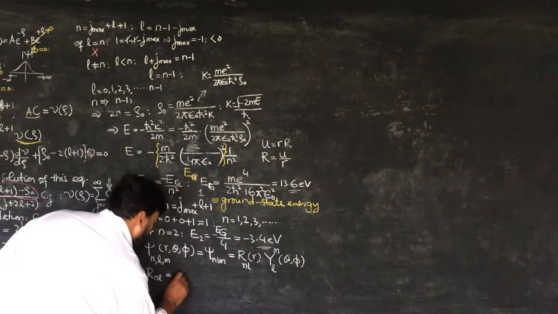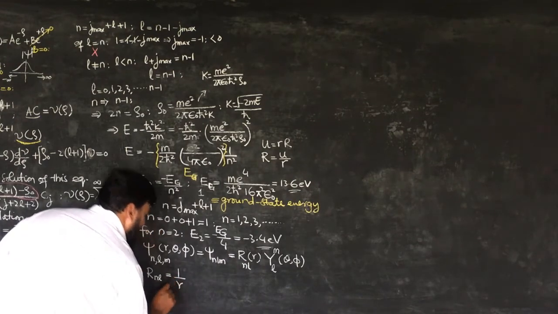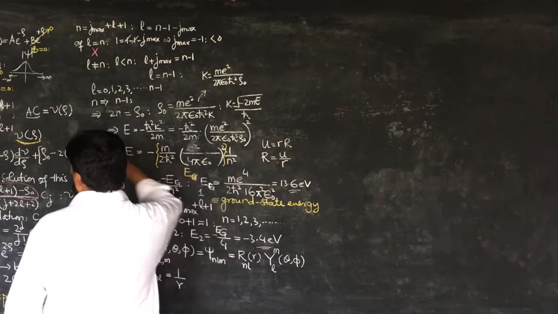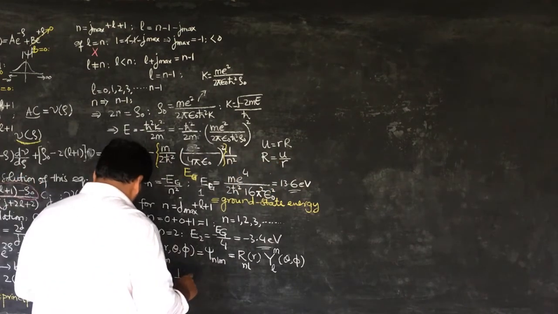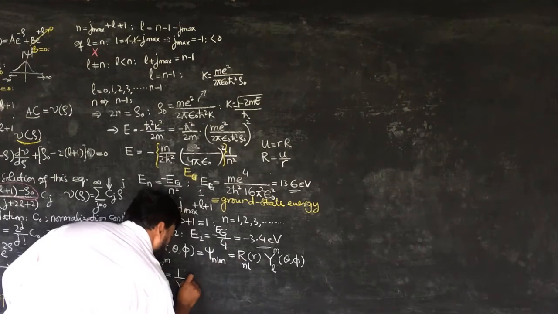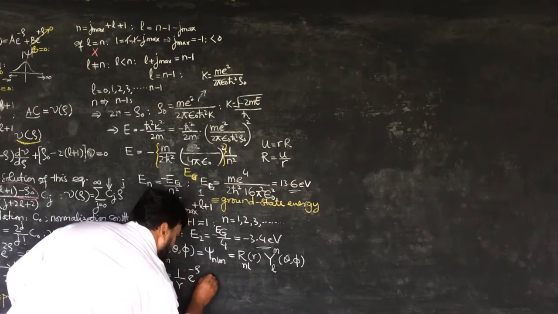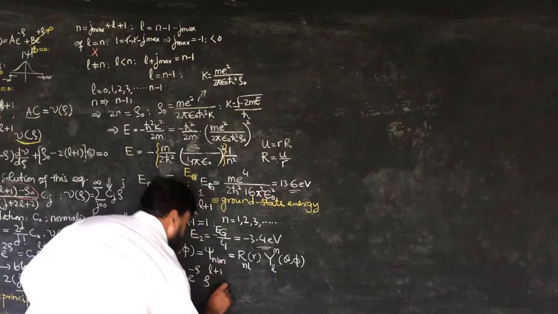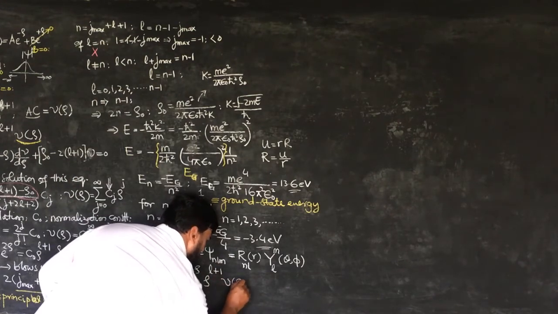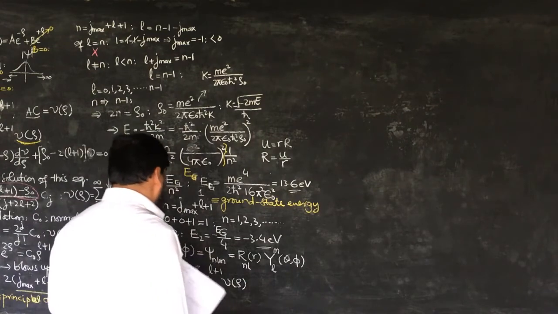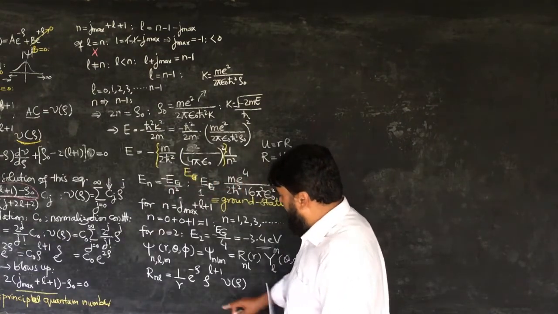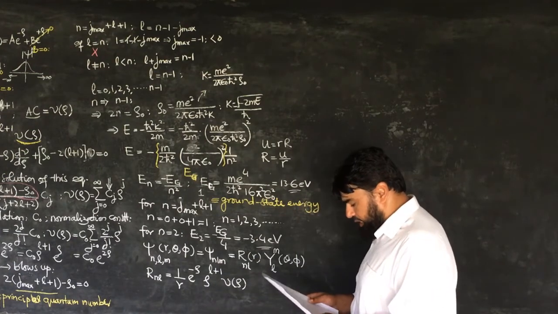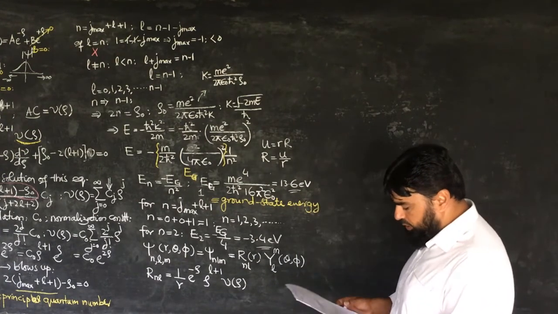So I will put 1 over rho and then the solution of U, and the solution of U is e to the power minus rho, rho to the power L plus 1 and nu of rho. This is my radial wave function. So I will have now to put the values here.